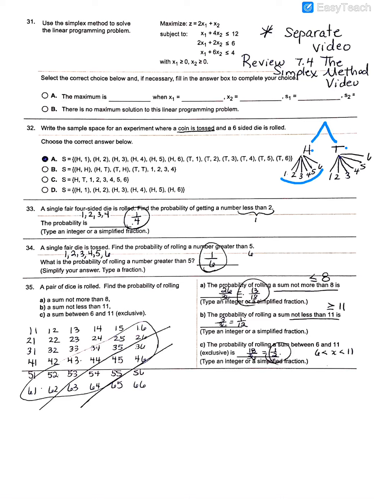If I flipped a tail, again, I could get any of those 6 outcomes. So when you put them together, head with 1, head with 2, head with 3, and so on, this answer shows the correct sample space. And you will be required to show work, so you probably want to just draw a tree diagram like that.